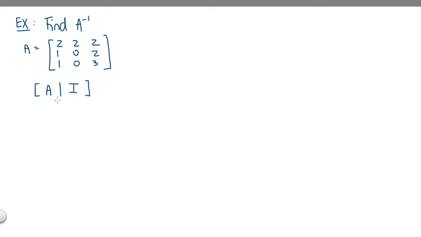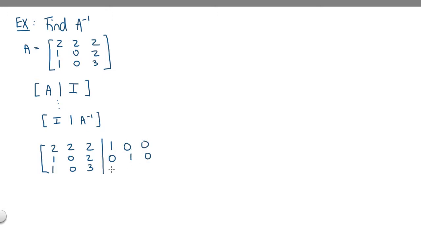The plan is to do some row operations here, and as the left side turns into the identity matrix, the right side will become our inverse matrix. So very first thing we're going to do, copy out our matrix A, and beside it, copy out the identity matrix of the same size. So we need the 3 by 3 identity matrix there.